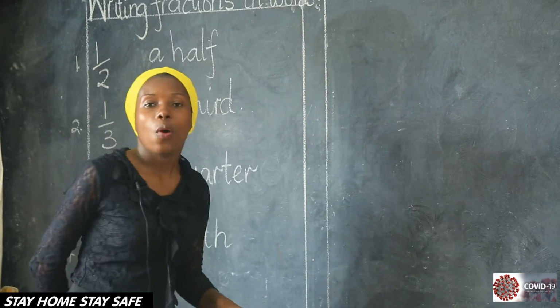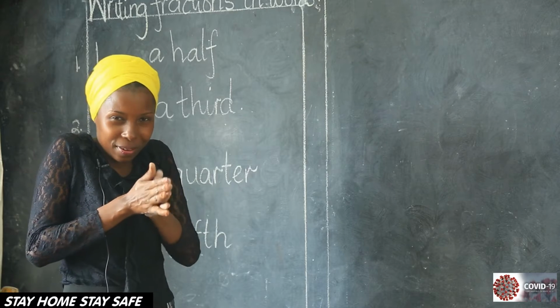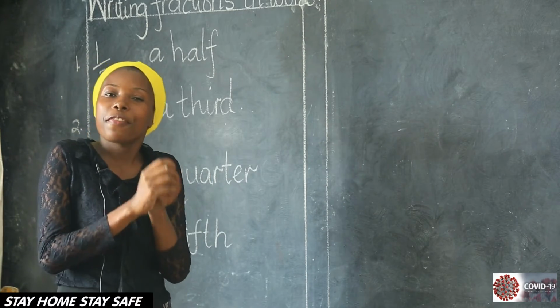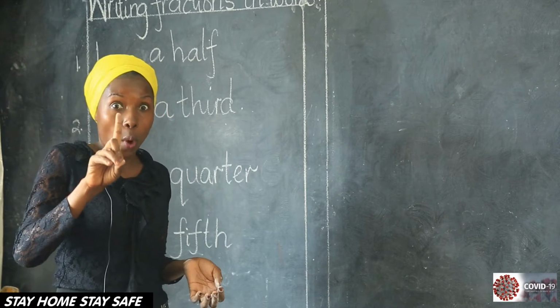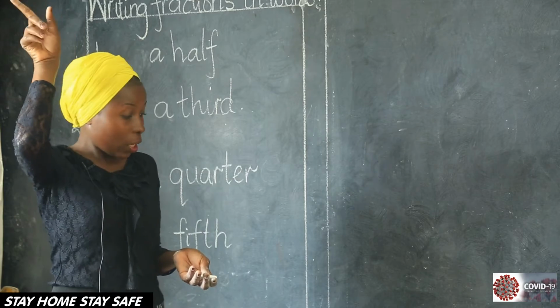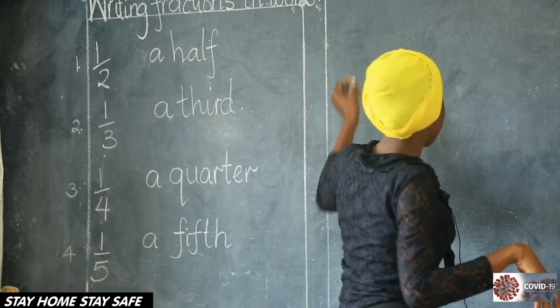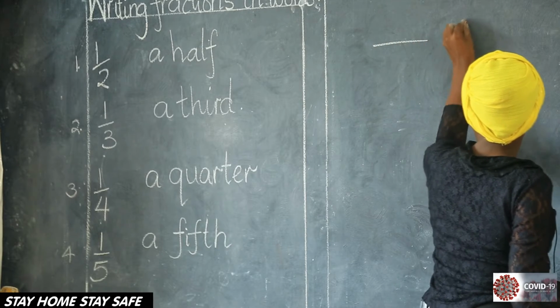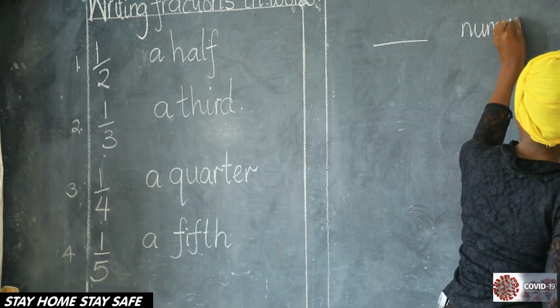They're all having 1. So if a fraction, are you paying attention? If a fraction is having 1 as the number up, when you're talking about a fraction, the number up is called a numerator.